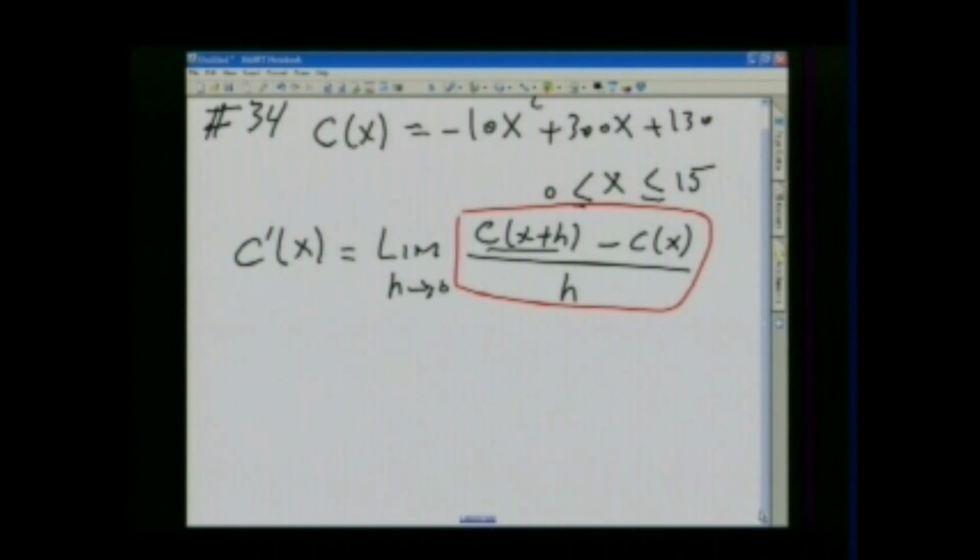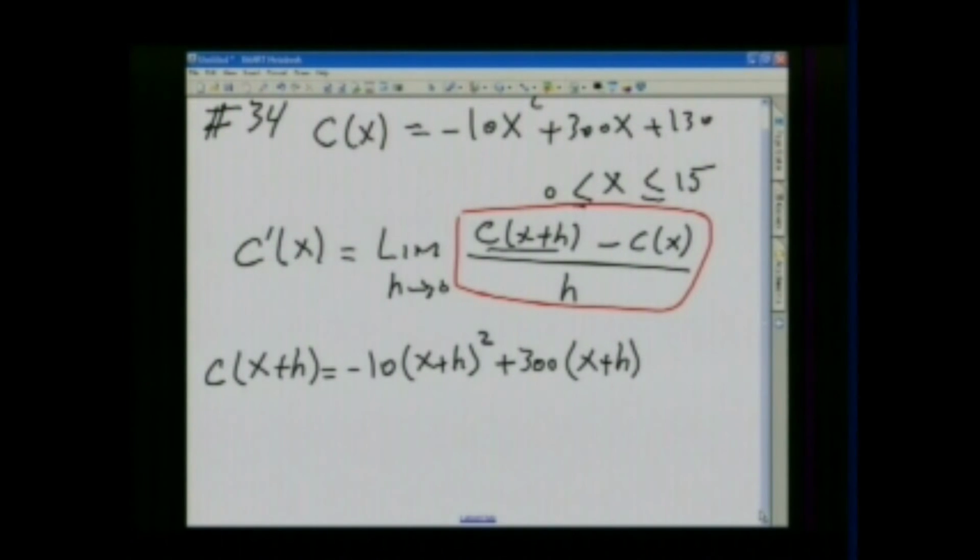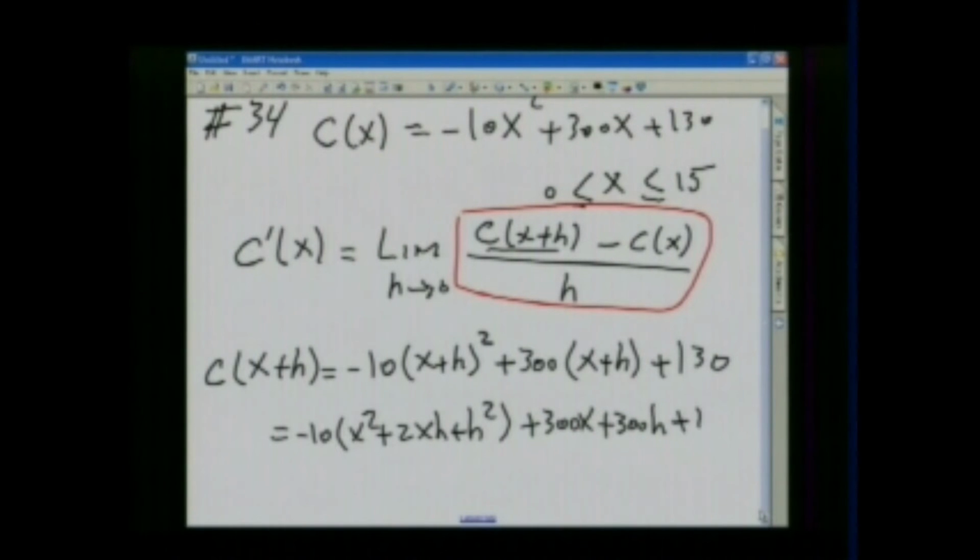That C of x plus h is equal to minus 10 times (x plus h) squared plus 300 times (x plus h) plus 130. So this would be equal to minus 10 times x squared plus 2xh plus h squared, plus 300x plus 300h plus 130.